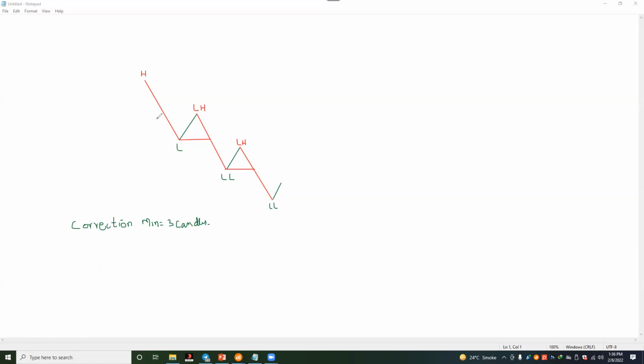In the impulse, it can be 7, it can be 8, it can be 10, 12, 15, whatever you find. But the impulse wave will end when you find the price is falling. We will never define the low until the 3 candles move up.